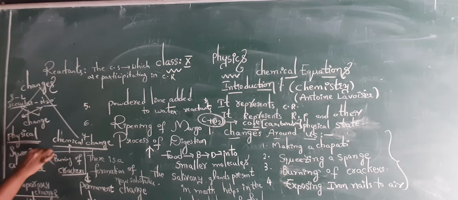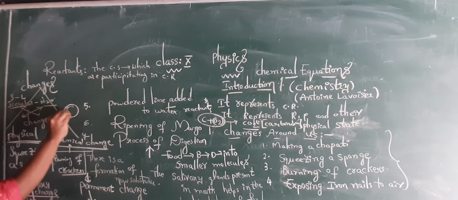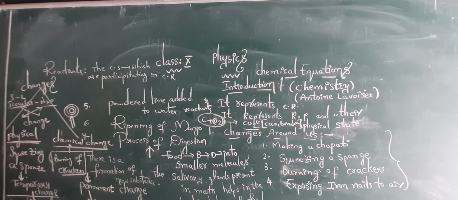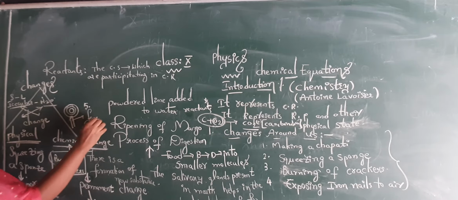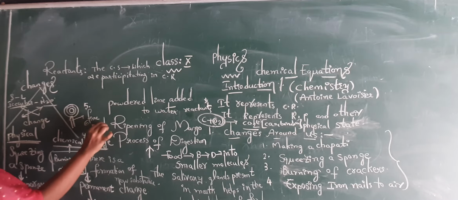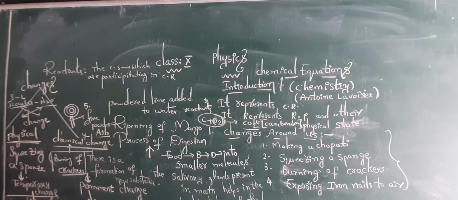Let us assume this is a cracker. As we burn this cracker, what happens? It converts into a fine powder in the form of ash. That means a new substance is obtained in a chemical change. Such changes are referred to as chemical changes.